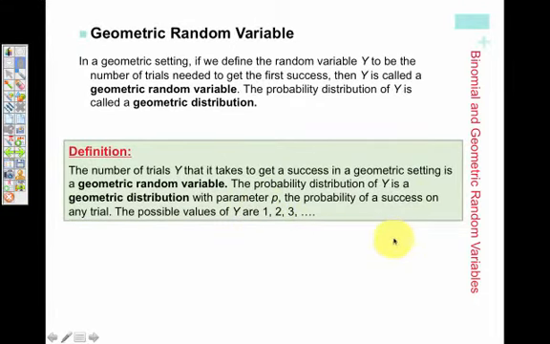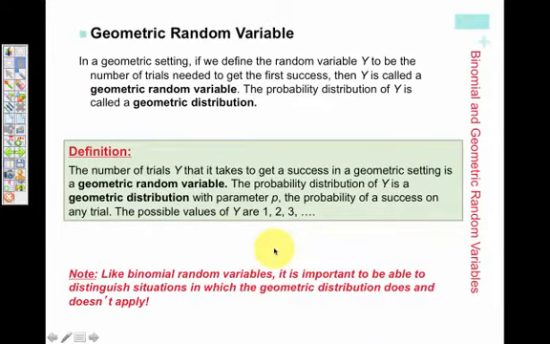And it could go on and on and on forever. And the only parameter that we have is the probability of a success. So one thing you do have to pay attention to is that just like with binomial random variables, it's important to make sure that you can use a geometric distribution. If it's not geometric, we can't use what we're about to go through.